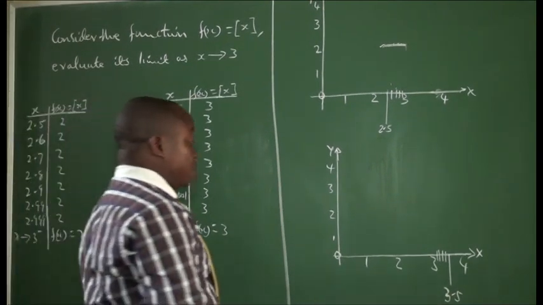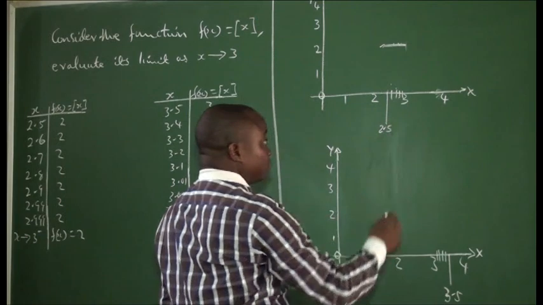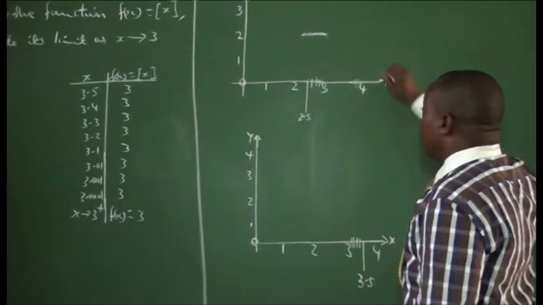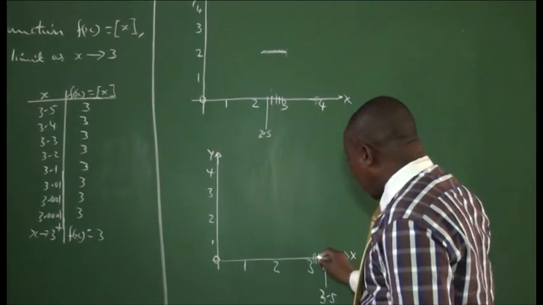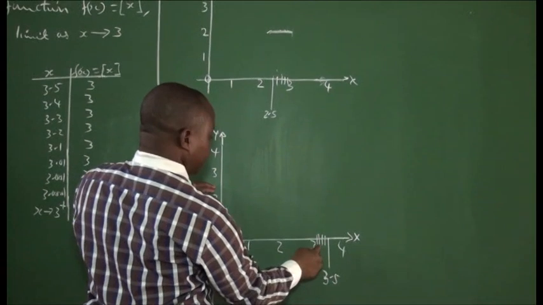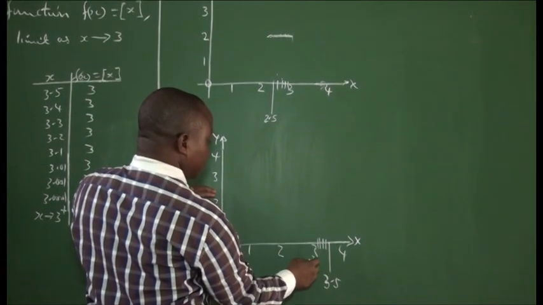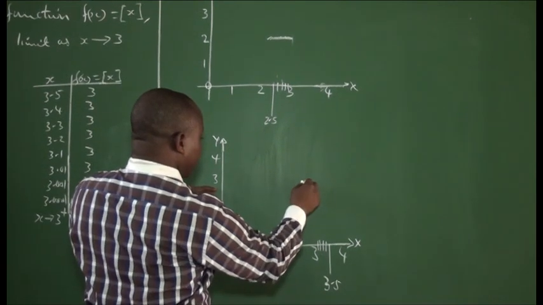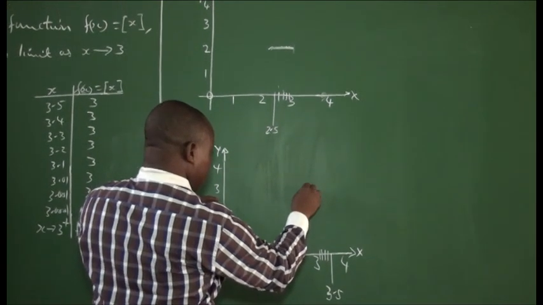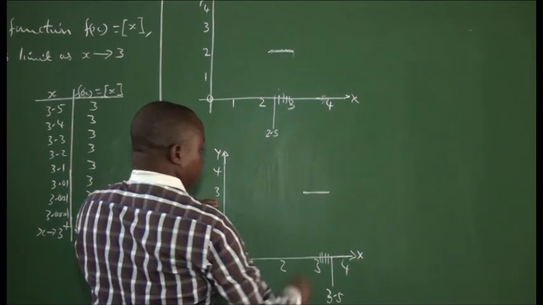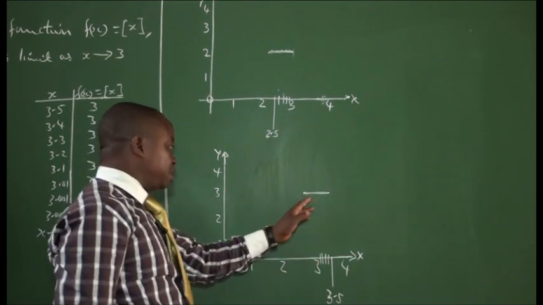If we also look at the graph of this, at 3.1, 3.01, we still have 3. The whole of this piece, 3.1, 3.2, 3.3, is all here.